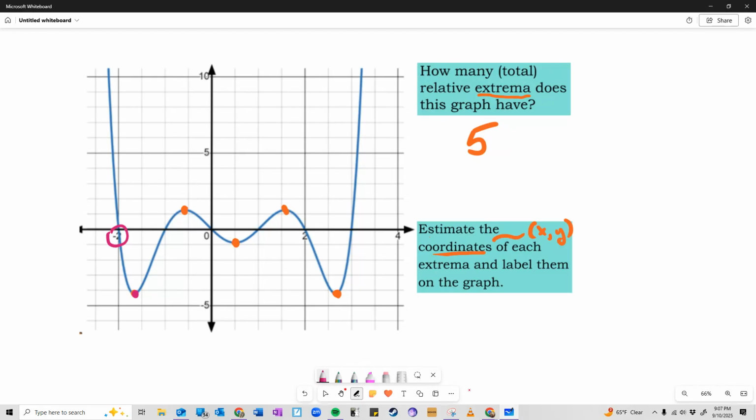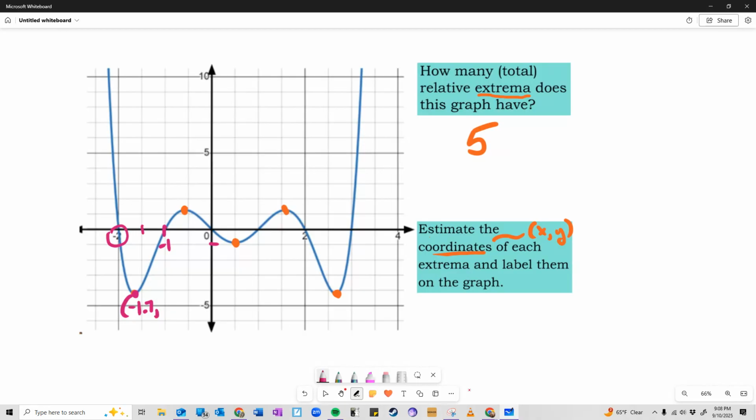I see the scales. This is -2, which means this must be -1. So my scale is actually a half a unit. So I go -1. This would be -1.5. So maybe a little past -1.5. Maybe I'll call that -1.7. And then the y coordinate, I just want to follow the y-axis down.